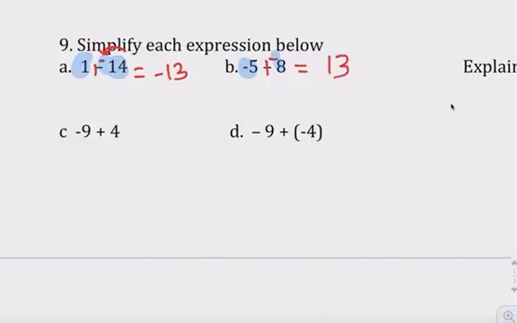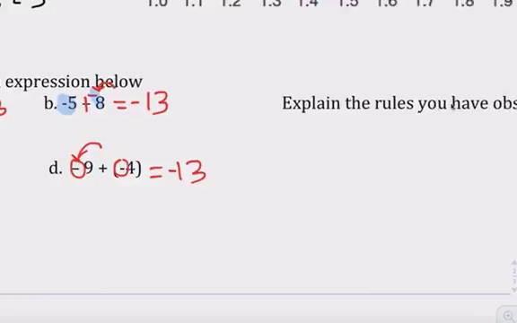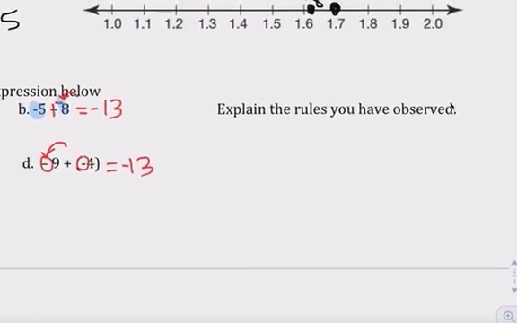You add when the signs are the same. You add, and the bigger number takes the sign. That's negative 13. Okay. One is negative and one is positive. You subtract. You get 5, and the bigger number is negative, so your answer is negative. Both are negative. You add them. You get 13, and the bigger number is negative. Your answer is negative.